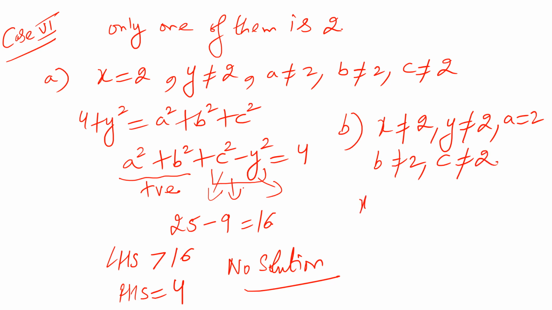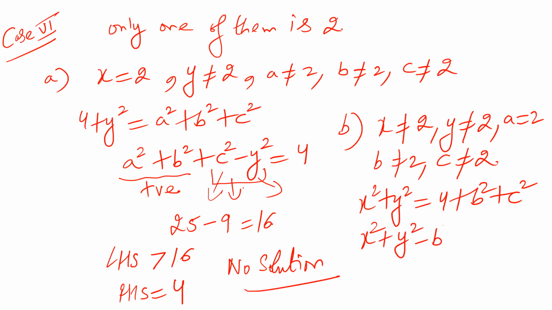So we'll be getting the equation as x square plus y square equal to 4 plus b square plus c square. Now just take b square and c square onto the left hand side and rewrite this equation. It becomes x square plus y square minus b square minus c square equal to 4.